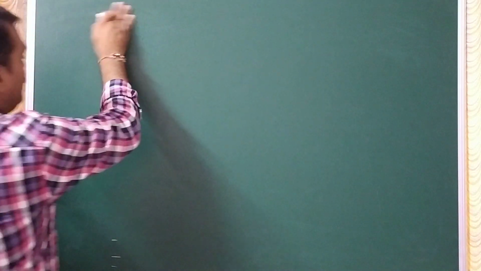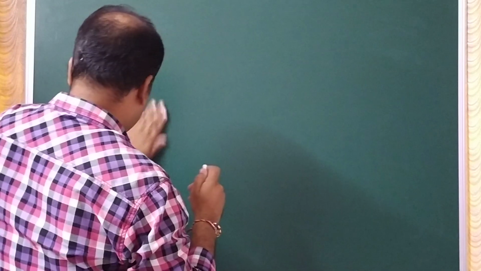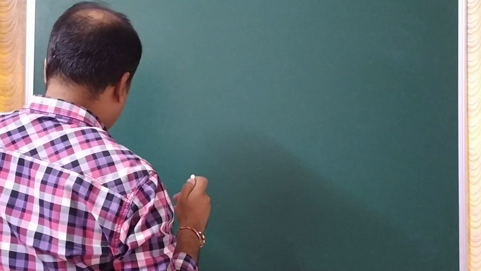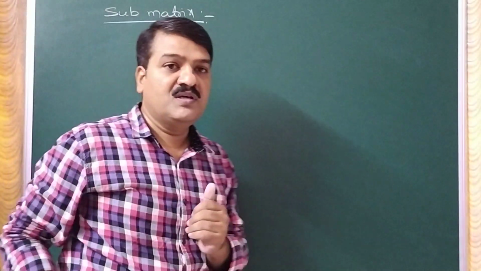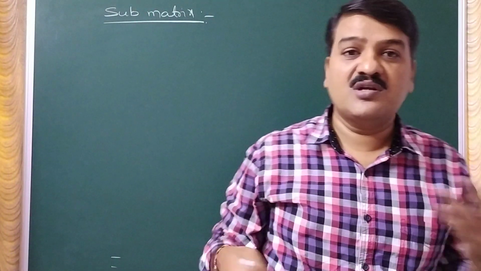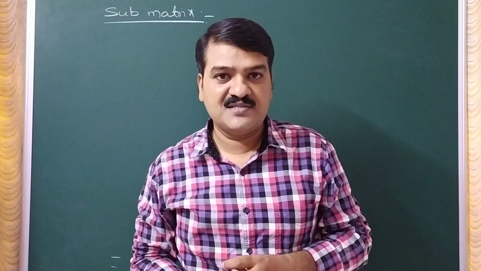So what is basically the rank of a matrix? Before that, first I will explain what a submatrix is. A submatrix is whatever matrix is left after removing some rows or columns or both from a matrix.